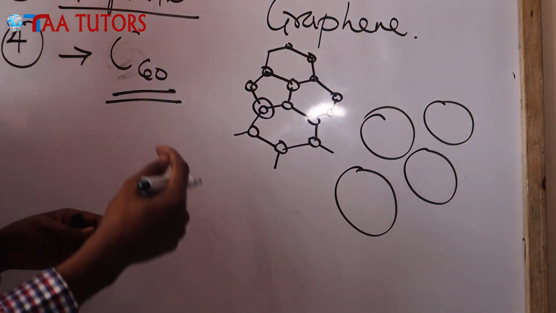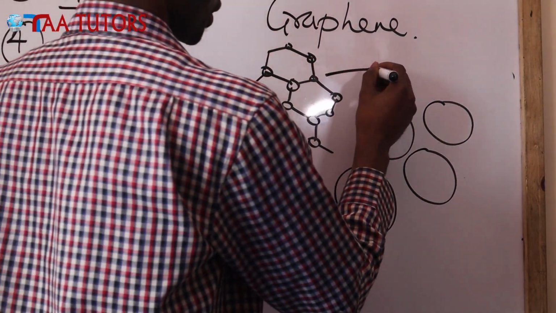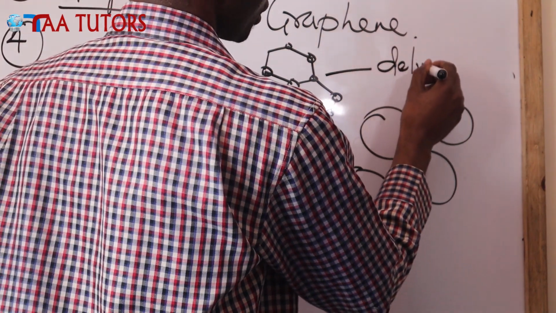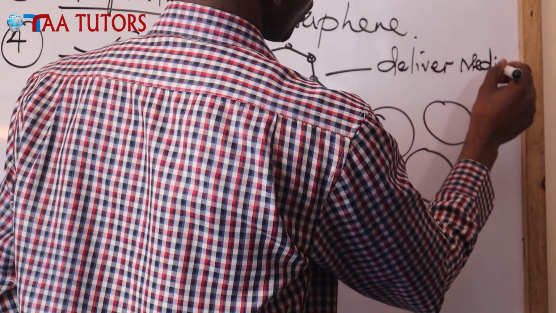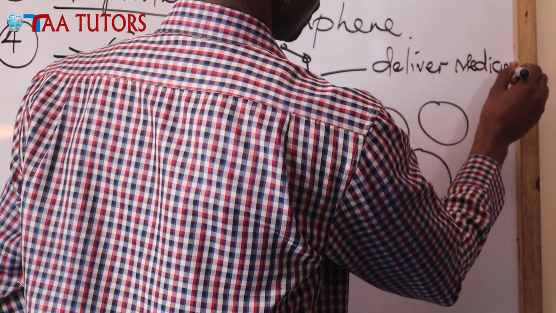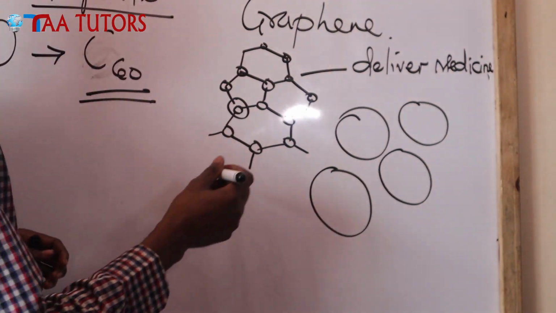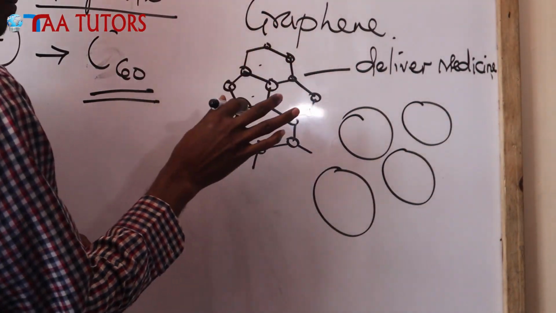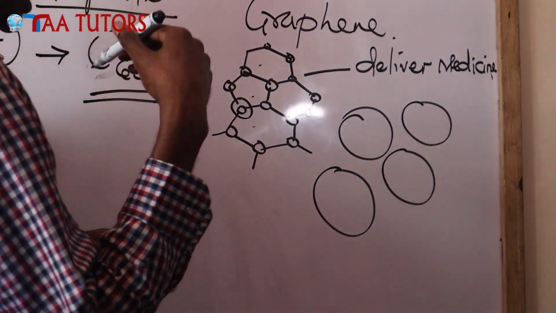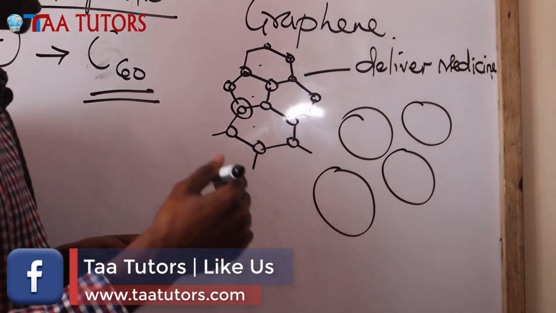These spaces allow fullerene to be used to deliver medicine in the human body. Sometimes they are called nanotubes. Nanotubes are used to deliver medicine. Why? Because this hollow, tube-like structure of fullerene can trap medicine and carry it to the part of the body where it is needed.